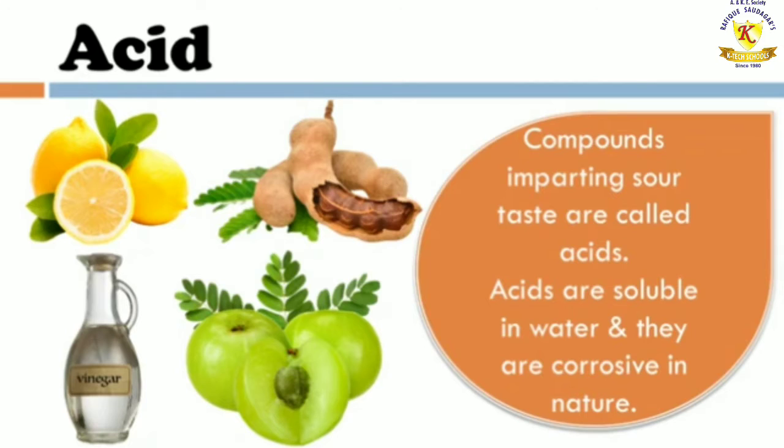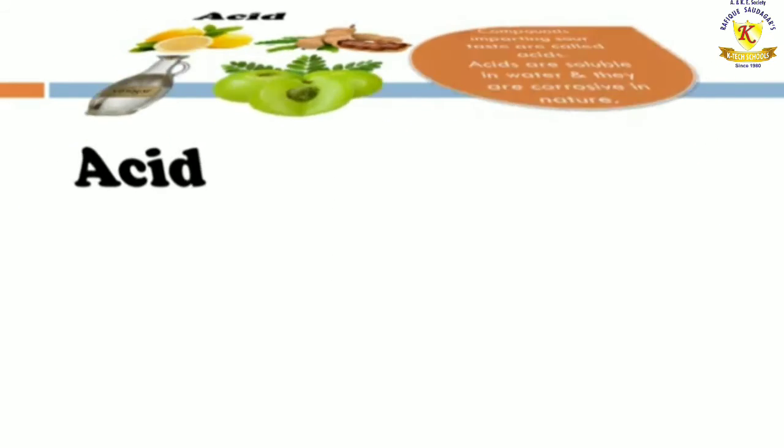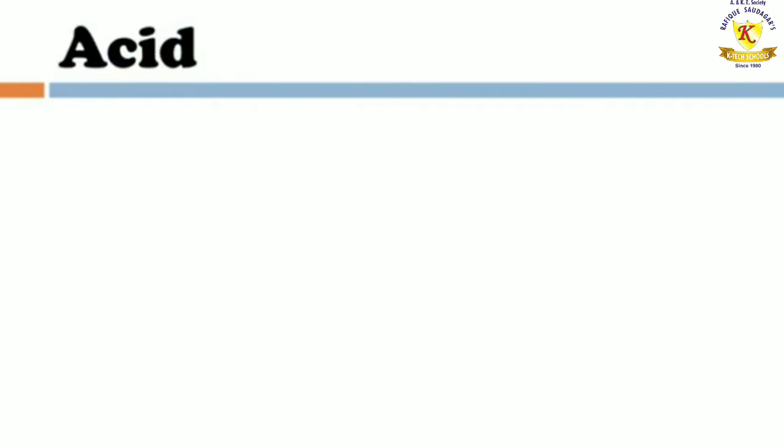They can cause damage to our skin when they come in contact with it. Understood, children? So, I repeat the definition. Compounds imparting sour taste are called acids and they are easily soluble in water and corrosive in nature.